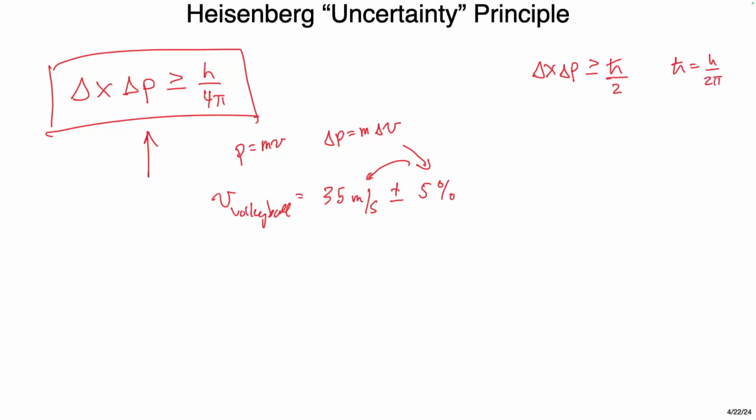The factor of 2 pi shows up in quantum mechanics so much that physicists got mad at having to write it down all the time, and so we just invented a new symbol, h bar, okay? So h bar over 2 would be equal to Planck's constant divided by 4 pi, but you will also see it written as greater than or equal to h bar, without the 2 on it. You are being caught in the middle of physicists arguing over where is 0.